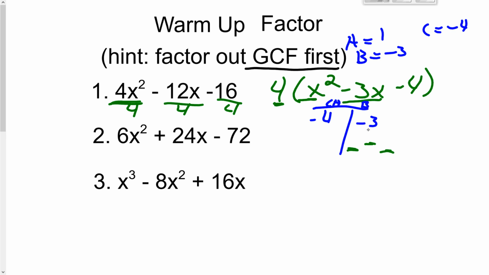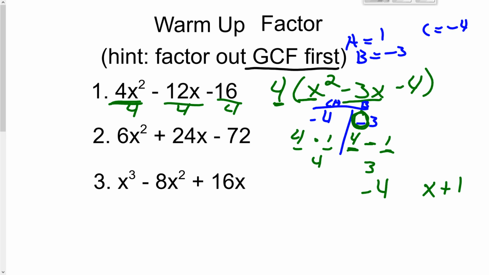But let's not worry about that negative. What this negative in here means is that just the bigger number of these two is going to be negative, okay? So what times what is 4, and what minus what is 3? So that's 4 and 1. And since this is negative, that just means the bigger number here is going to be negative. So that means negative 4 and positive 1.